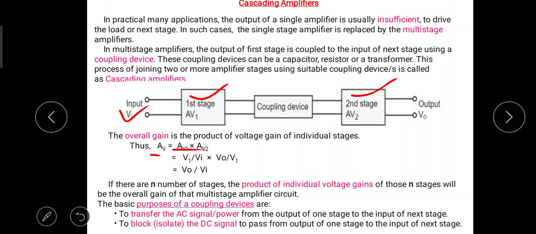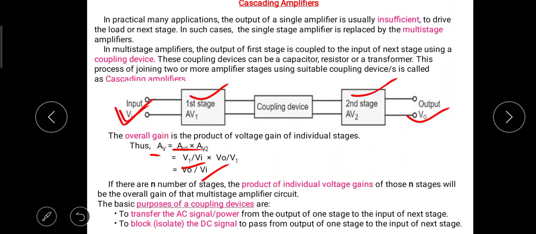So, here we can write the net gain as the ratio of output voltage VO to net input voltage Vi. Here VO is the net output voltage, and as indicated here, Vi is the net input voltage.